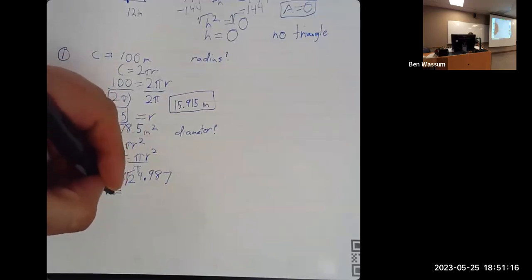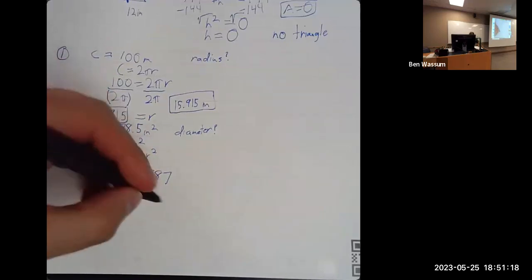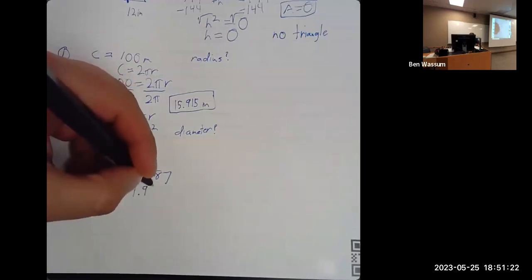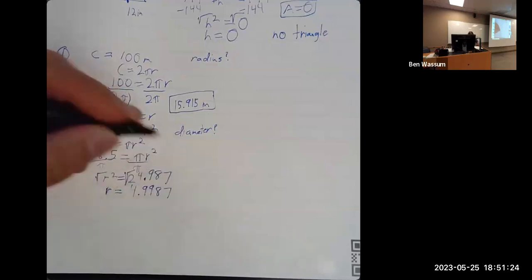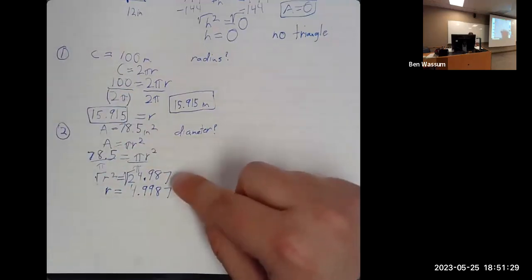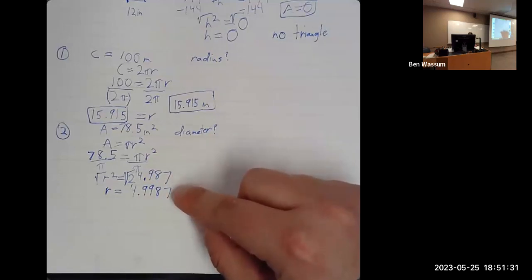So the radius is going to be given as, that's interesting, 4.9987. Makes sense. This is really close to 25, so the square root of that is going to be really close to 5.